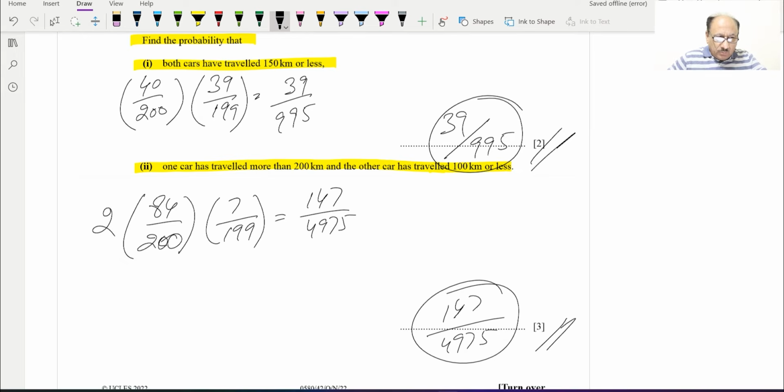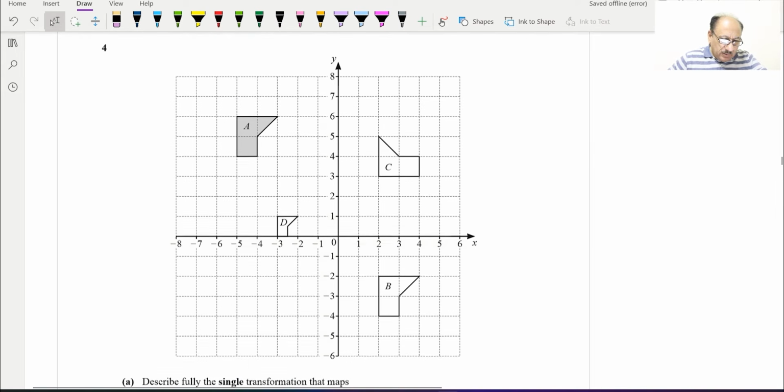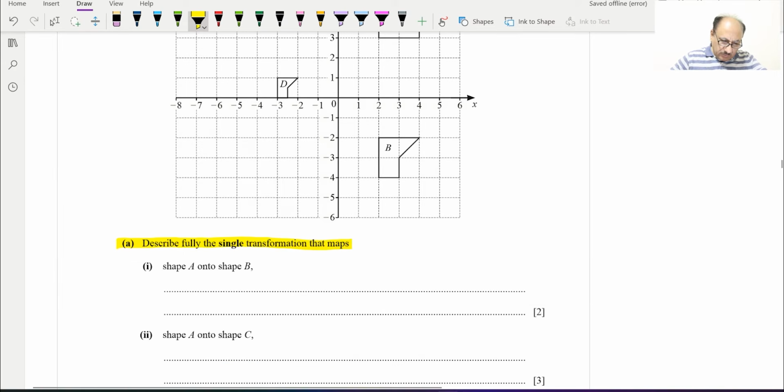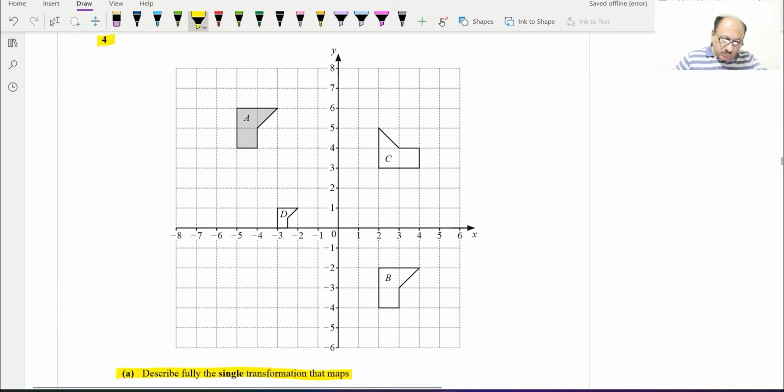Hopefully you understood this. Here comes question number 4, and a grid is provided with four diagrams A, B, C, D drawn. Part A: describe fully the single transformation that maps shape A onto shape B. So A onto B will be this shape.